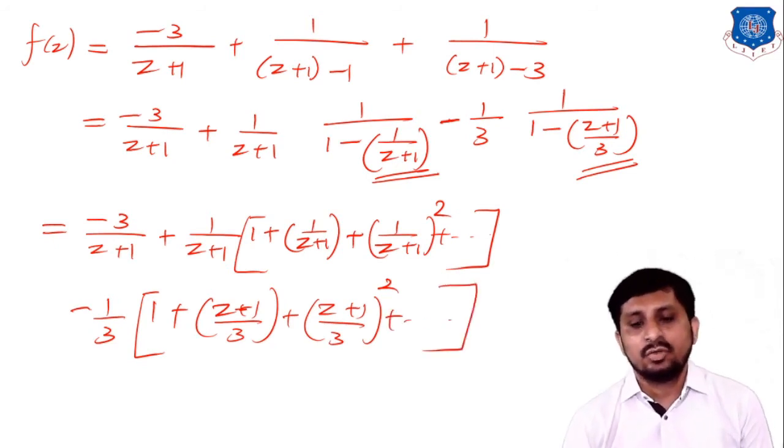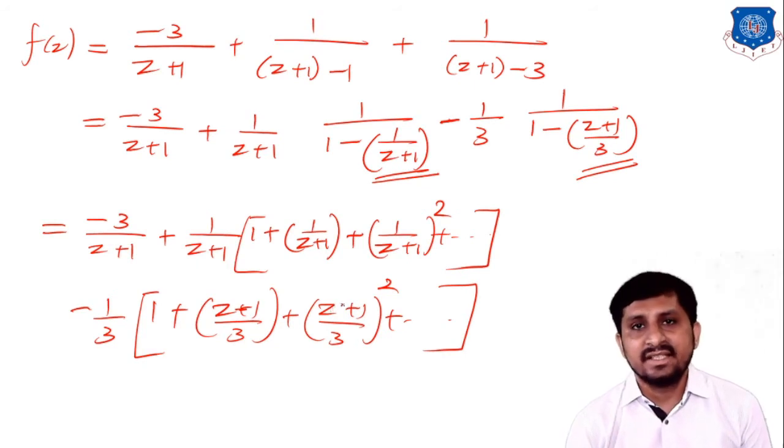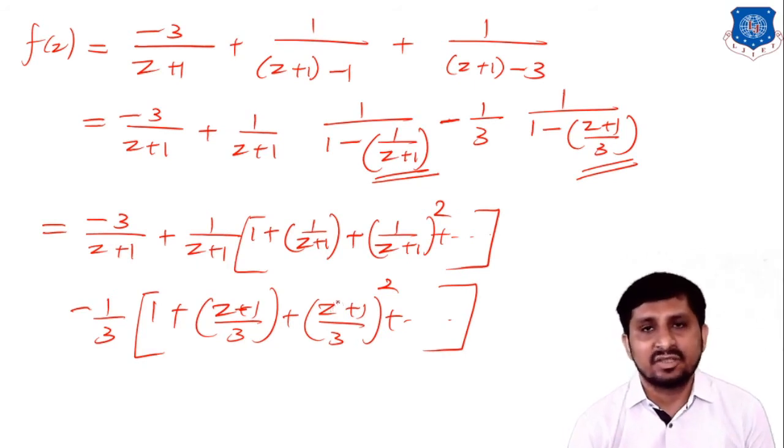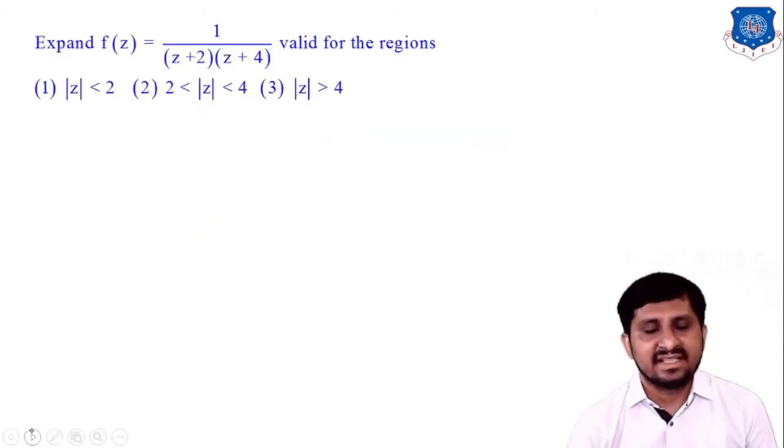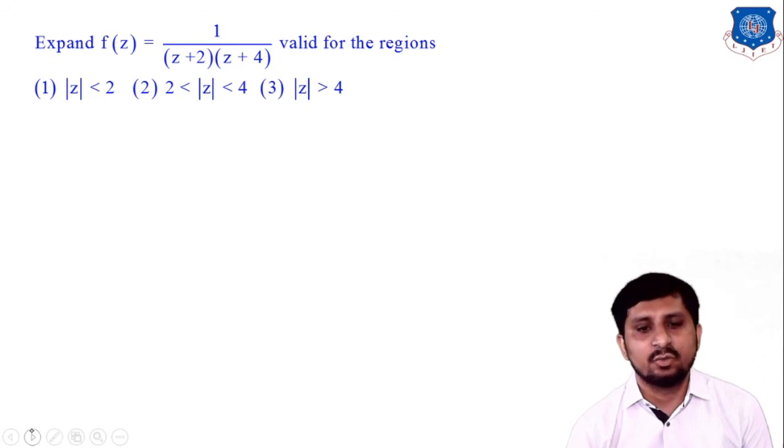So you can easily express the Laurent series for the region 1 less than mod z plus 1 less than 3 in this example.